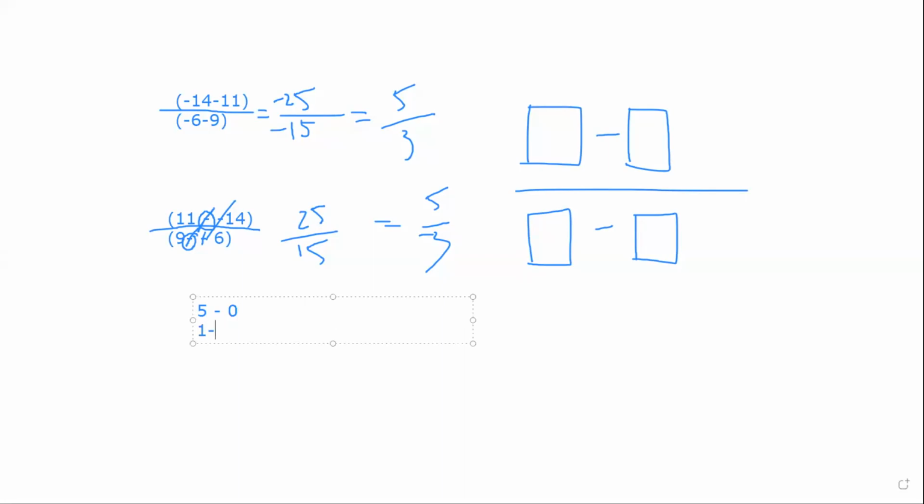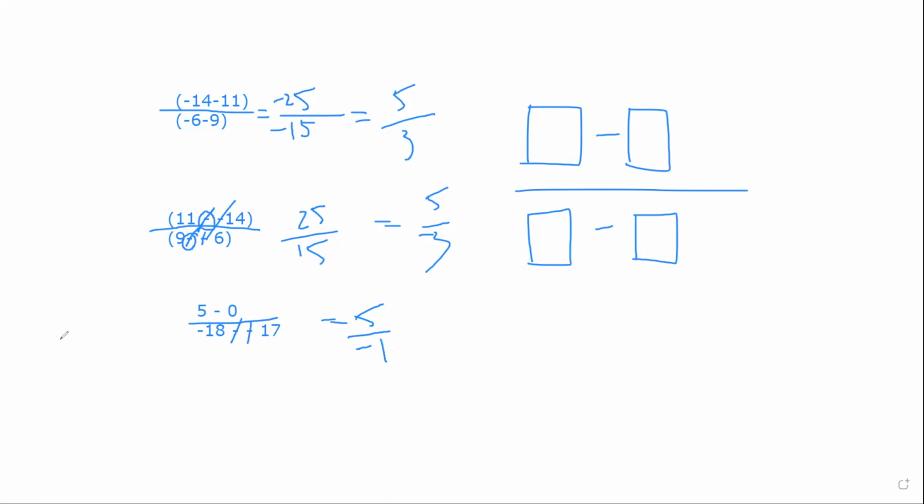So negative 18 minus negative 17. So 5 minus 0 is 5. This becomes keep, change. Negative 18 plus 17, negative 1. So if I'm going to write the slope for that particular one with those 2 points, the slope is actually negative 5.